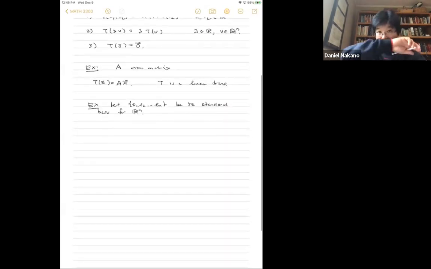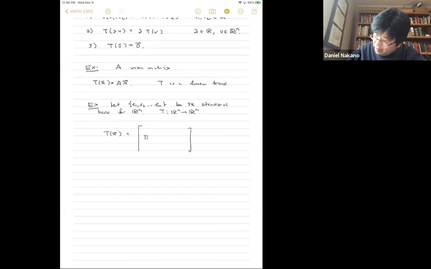Then if I write T of X, and of course T here is a linear transformation from Rn to Rm, then I can write this as the following.